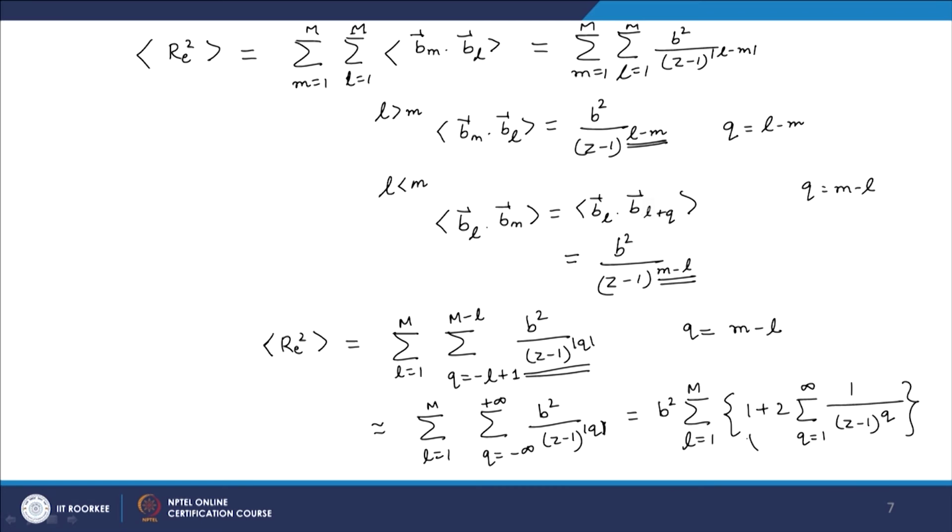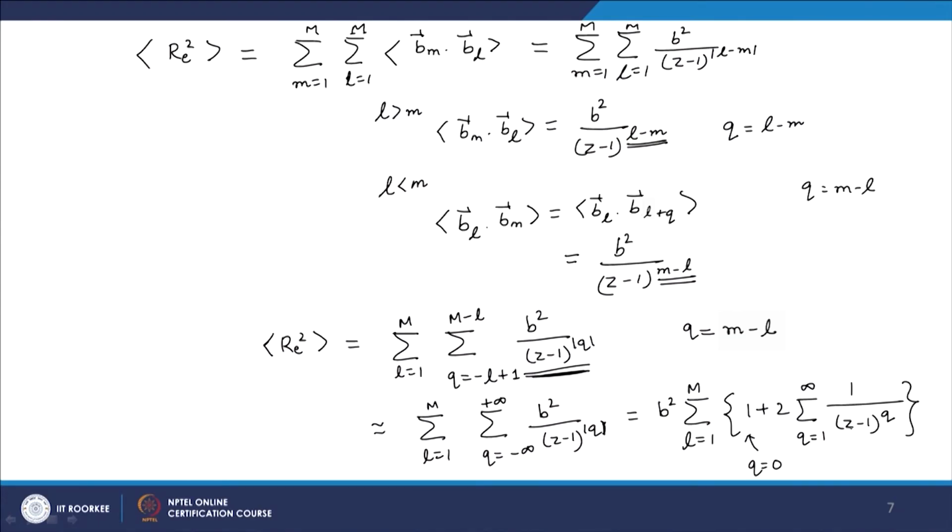So, this will correspond to the case when q is equal to 0. When q is equal to 0, then in that case this term is equal to 1, and when q is equal to a positive number, then we have a series from 1 to infinity. If q is a negative number, I will have the same series, because in any way the power is the absolute value of q. Okay.